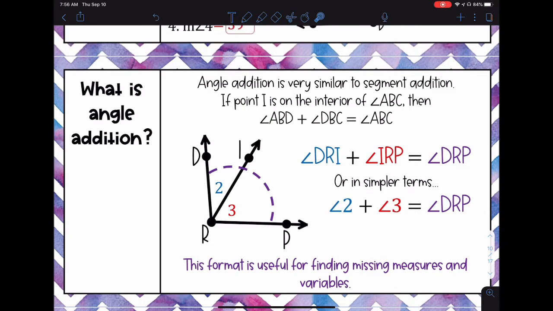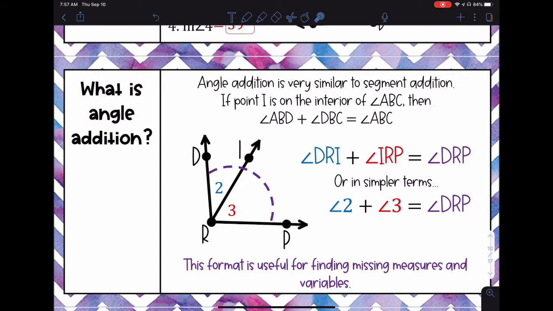What is angle addition? Basically, in simple terms, if I give you the measure or the degrees of angle 2 and angle 3, you would add them together and you would get the total distance that they would make, which would be DRP.